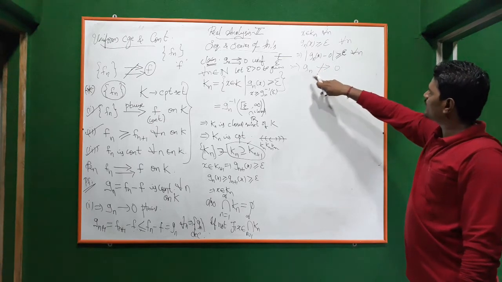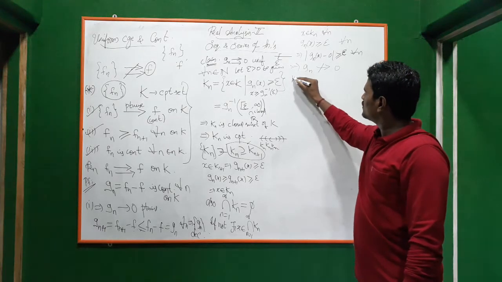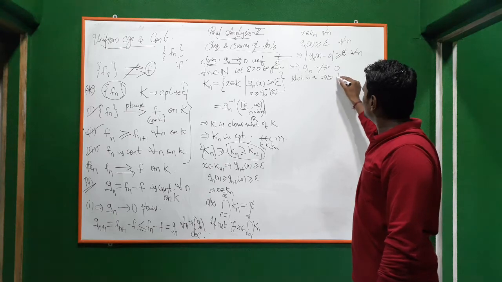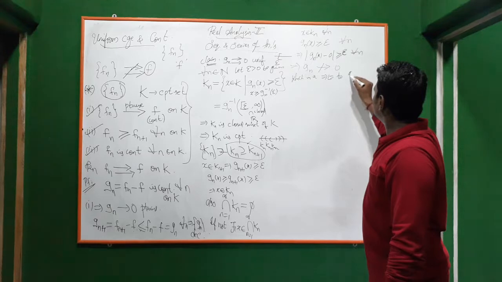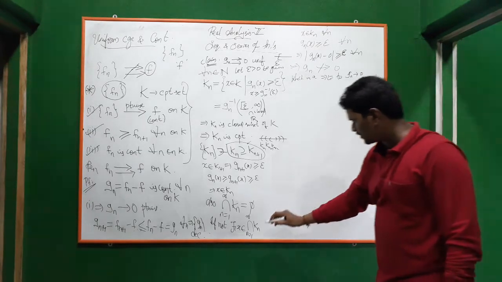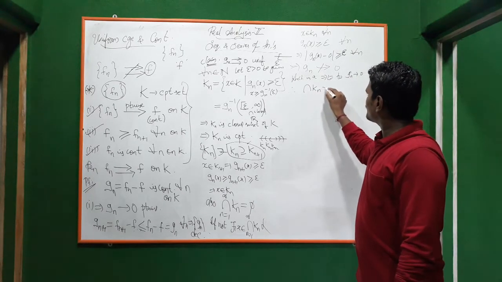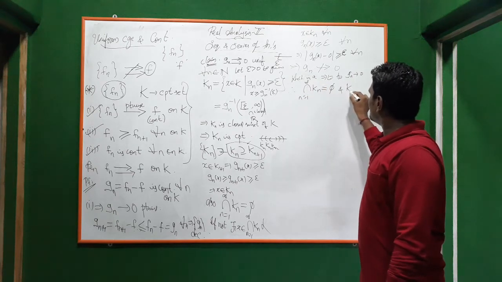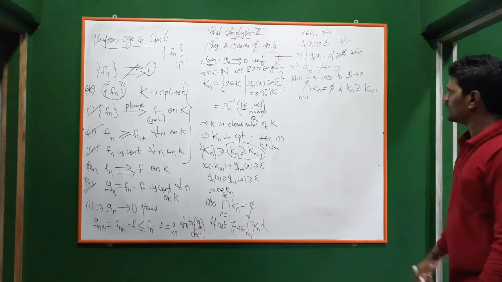So this is a contradiction to Gn converging to 0, which is not possible. Therefore, this intersection is empty, and we have Kn as a decreasing sequence. These two properties we have.